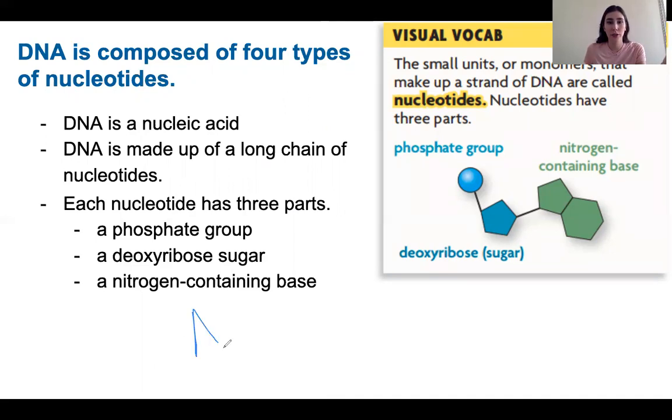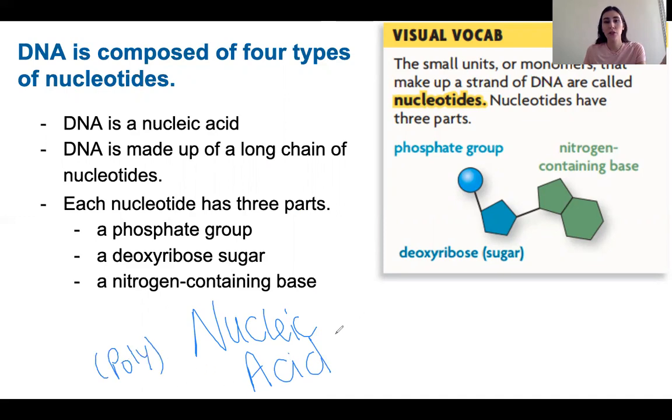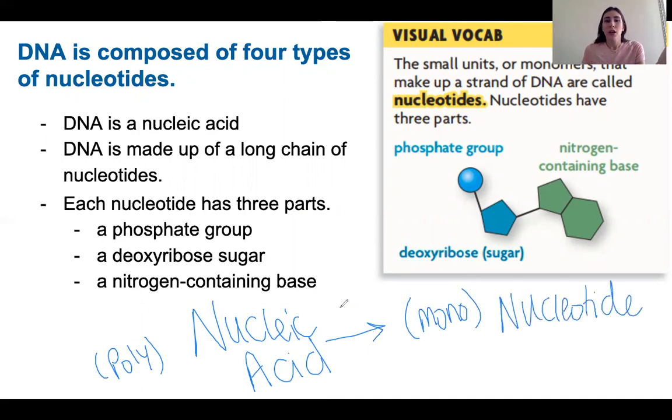It's actually a nucleic acid, if you remember this. We know that a nucleic acid is the polymer. So therefore, what is the monomer of nucleic acids? We know that it is a nucleotide. So DNA, which is a nucleic acid, is made from nucleotides.